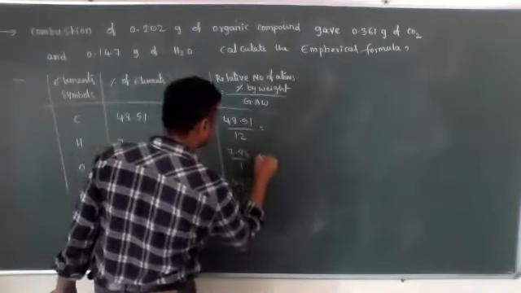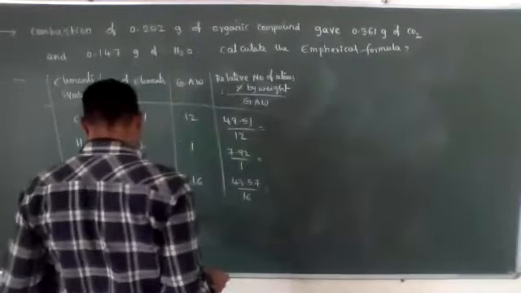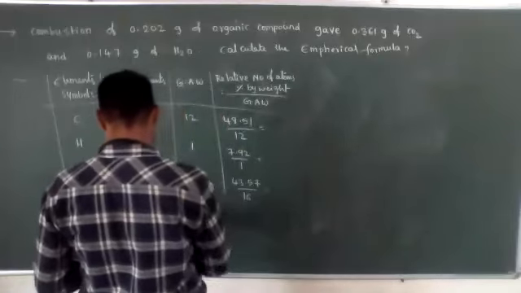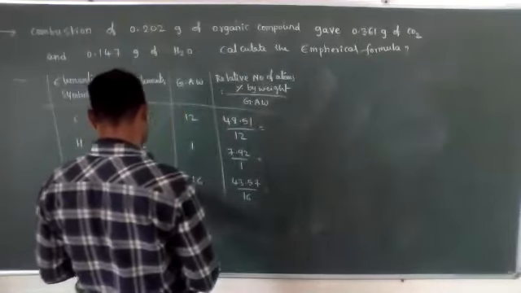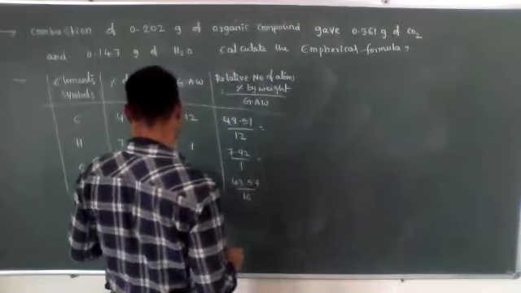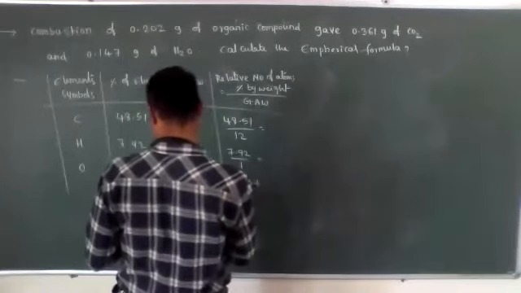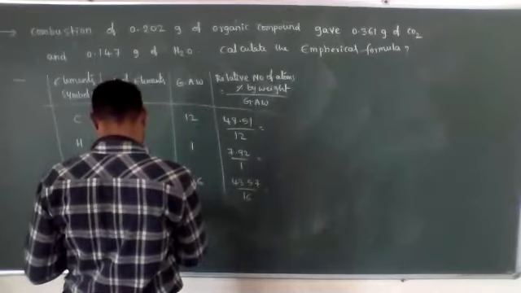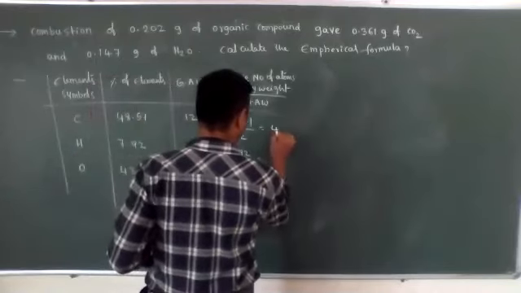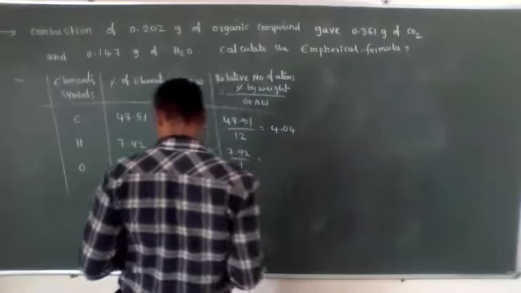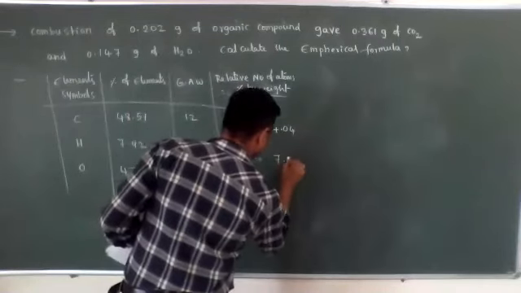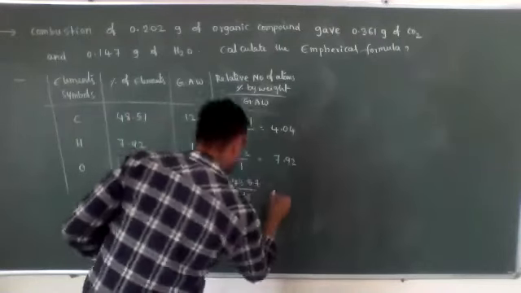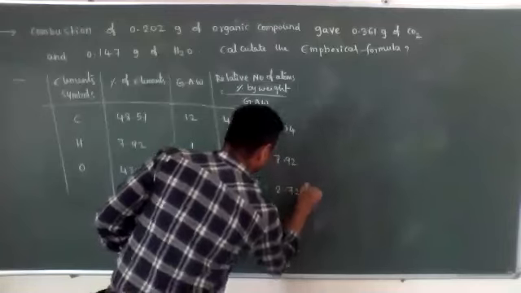You simplify that, we will get 4.04, 7.92 and 2.72.